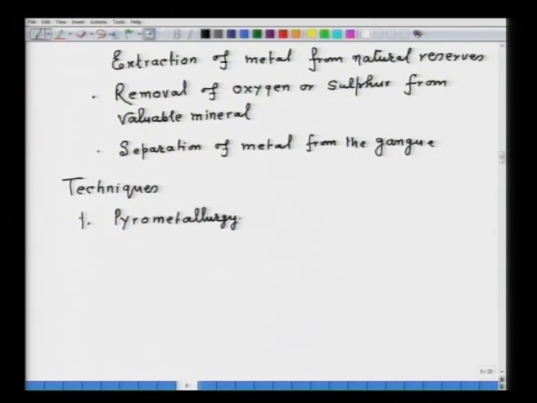The term pyro means high temperature, that means this route is thermal energy dependent, so energy balance is an important issue. Second is the hydrometallurgy route.